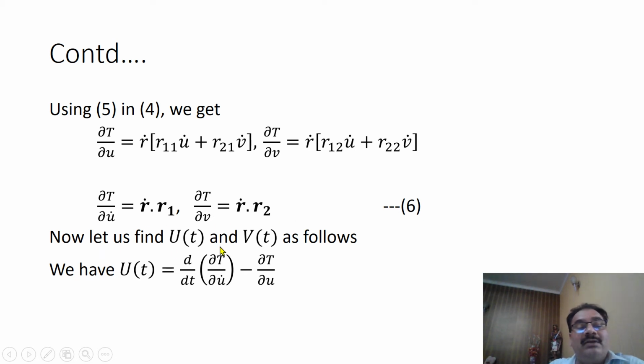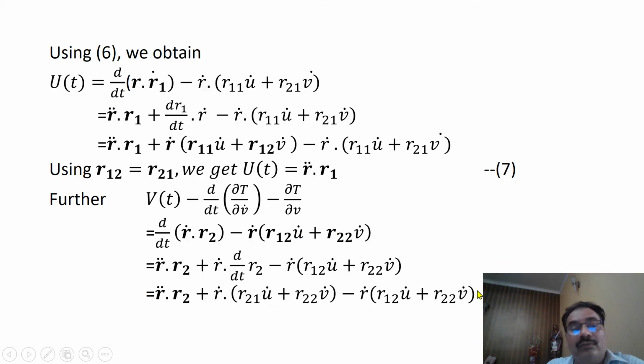Now let us find U_t and V_t as follows with the help of the geodesic equation. We know that U_t = d/dt(∂T/∂u̇) − ∂T/∂u. Using equation 6, U_t may be re-expressed as r̈ · r1 + ṙ · (r11 u̇ + r12 v̇) − ṙ · (r11 u̇ + r21 v̇). Using r12 = r21, we get U_t = r̈ · r1.